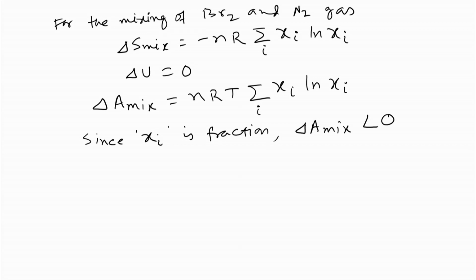So, we now discussed the concept of Helmholtz free energy, but there is a drawback there, because most of the chemical reactions are carried out at constant temperature and pressure. So, we need to have a state function, by examining which at constant temperature and pressure we can say whether the process is spontaneous or not.